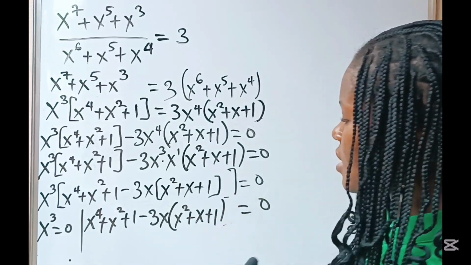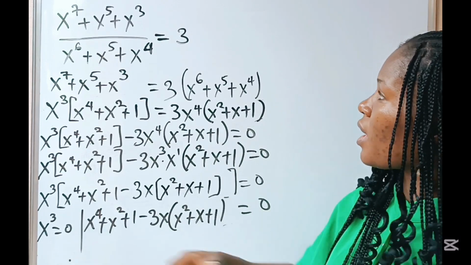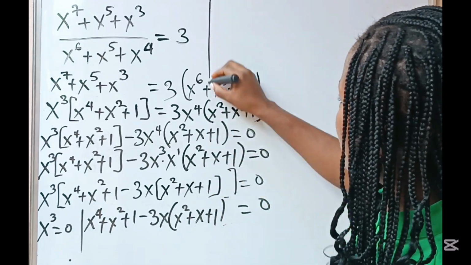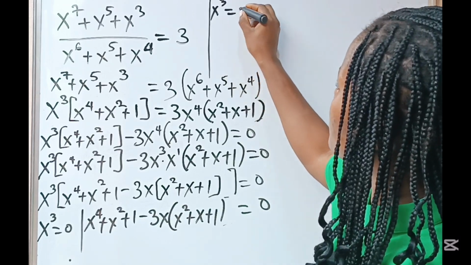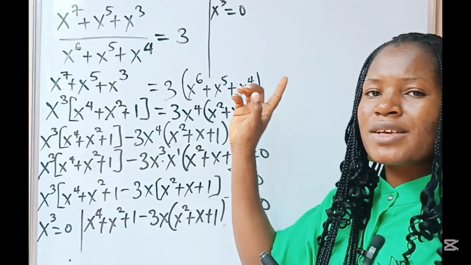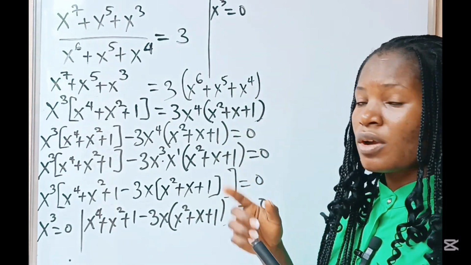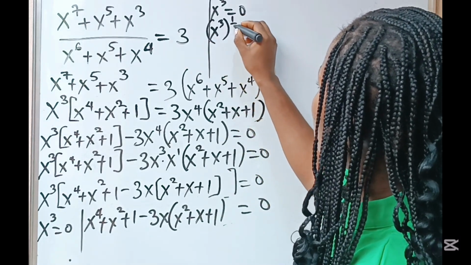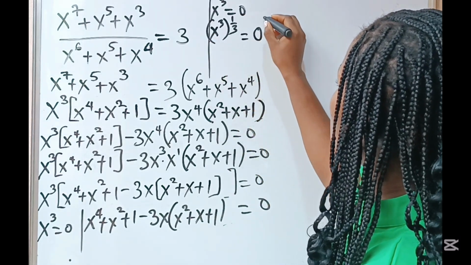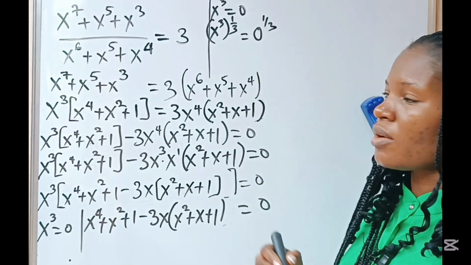Let's remove the brackets. All right, then from the left hand side, permit me to draw this line here. We have that x to the power of 3 is equal to 0. Now if we raise each side to the power of 1 over 3, we have x to the power of 3 raised to the power of 1 over 3 is equal to 0 to the power of 1 over 3.